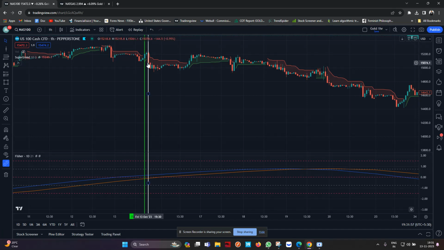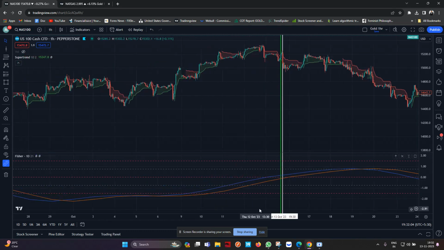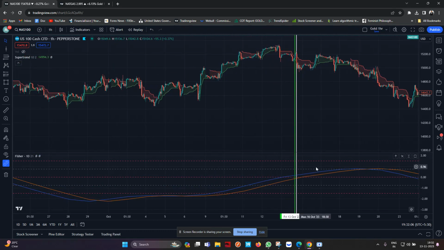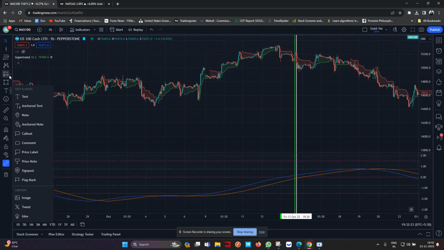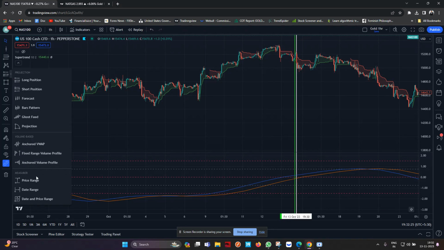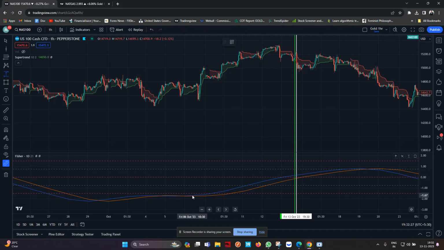This kind of trade, they have to be as vigilant as they can, because this is an obvious bullish trend on the Fisher, but the price is not doing that well on that signal as well.